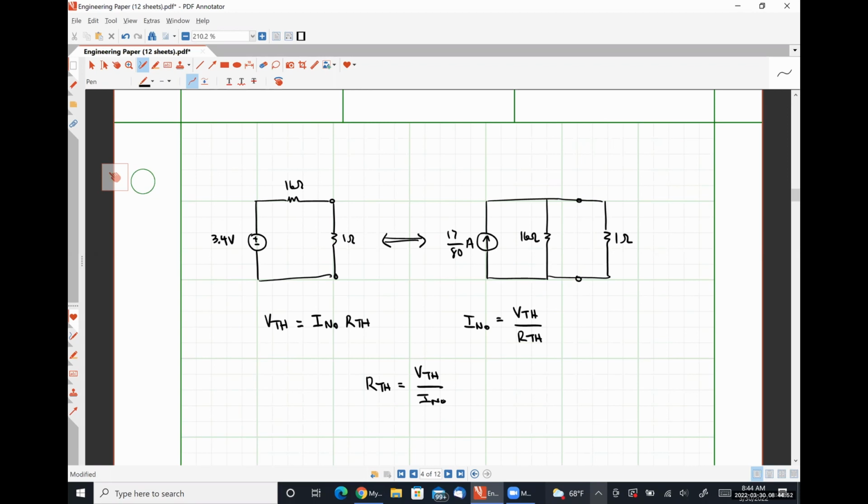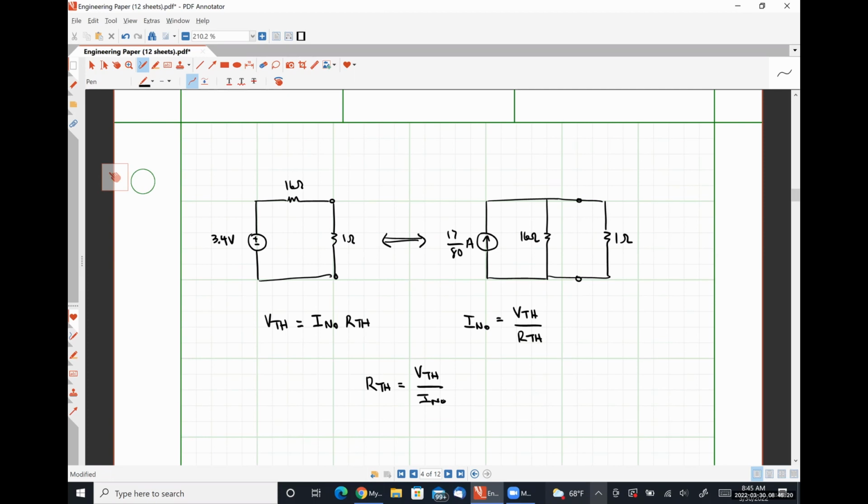Meaning technically, if we know any two of these three quantities, we immediately know the third quantity. So we can use that to either shorten our analysis time or calculate all three things and then verify that our calculations are correct by making sure that these relationships hold.